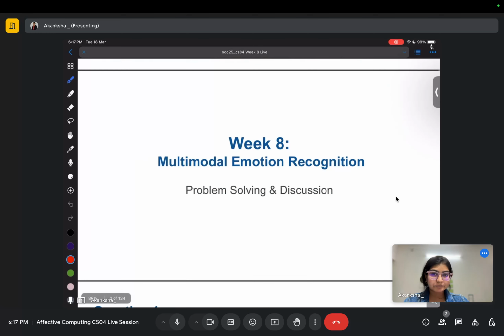In this week, we have to cover the topic of multimodal emotion recognition. Till now, we saw how we can detect the underlying emotion or affective states using different modalities.